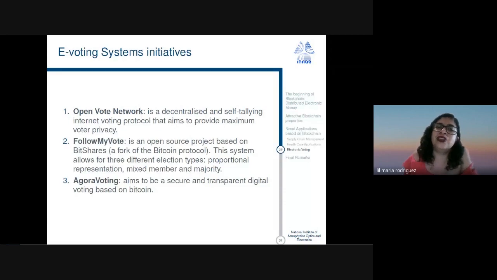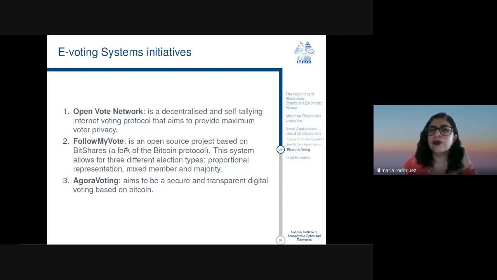But as you can imagine, there are some projects that are trying to have e-voting by blockchains. One of those is Open Vote Network, which is a decentralized self-tailing internet voting protocol that aims to provide maximum voter privacy.